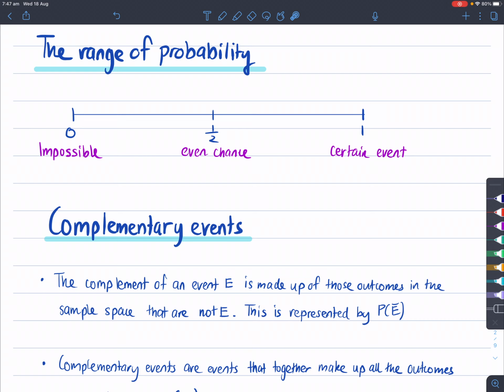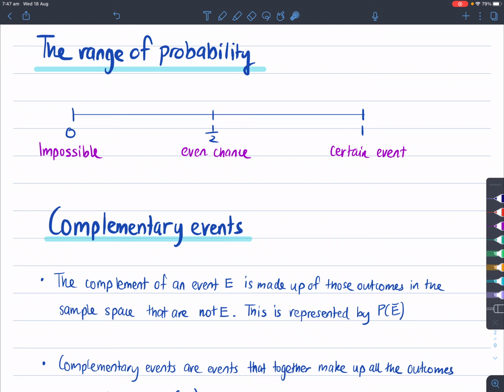That can't be possible. An even chance might be selecting a red card out of a deck of cards, because half the deck is red, half the deck is black. And a certain event would be something like choosing a blue marble out of a set of blue marbles only. That will be 100% possible because it's blue marbles. So those are just some examples of probability I can mention.